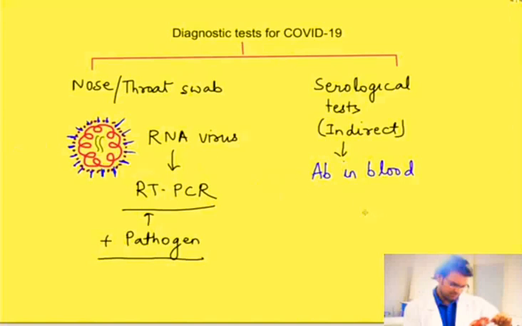So these serological tests, when done on a large scale, will tell how many people had already been infected, had produced antibodies and are possibly now immune to the infection, right? But take note, there may also be a possibility of reinfection, which is not known till now.